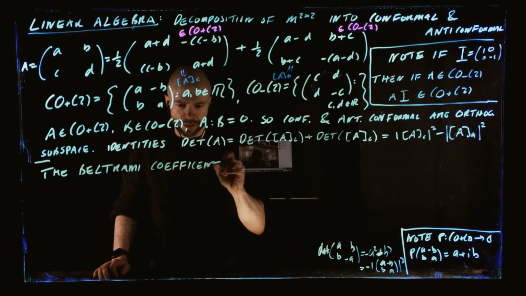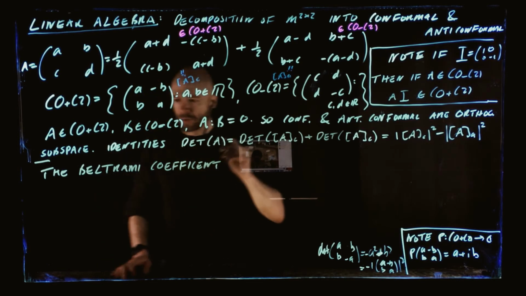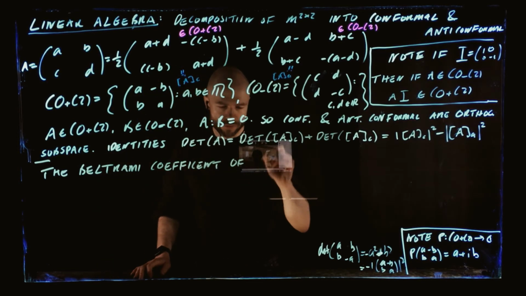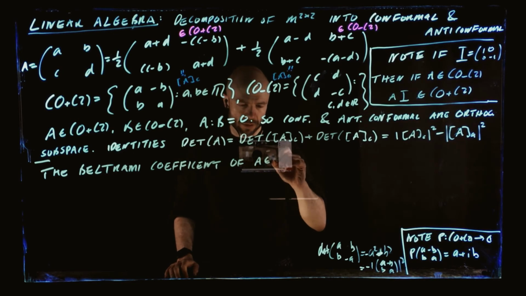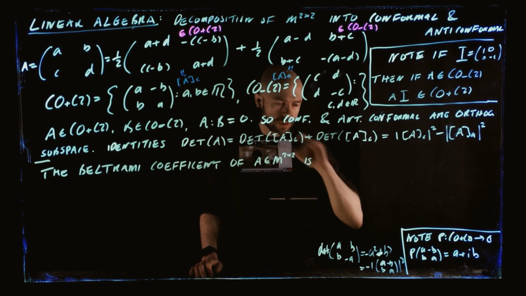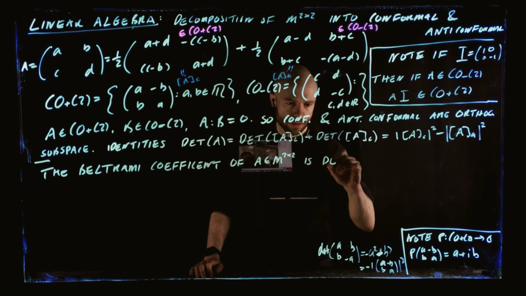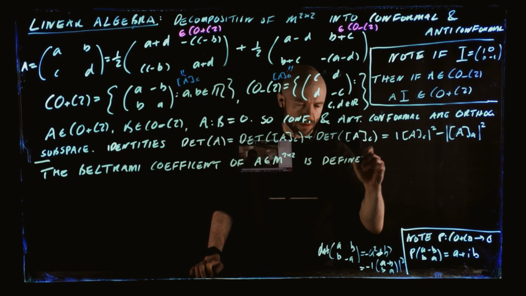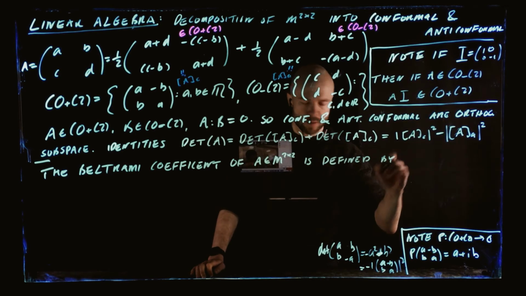Anyway, the Beltrami coefficient of A belonging to M2x2 is defined by the following.